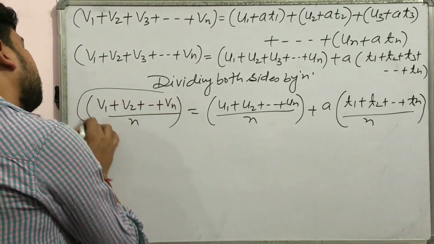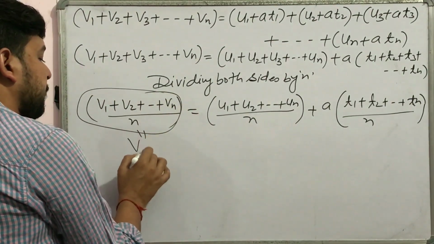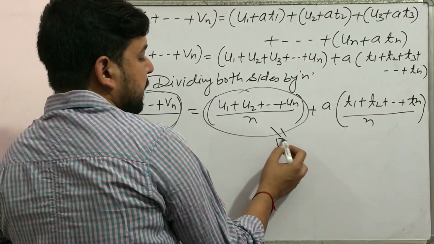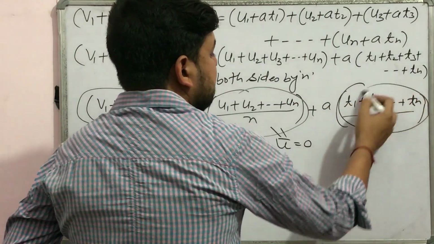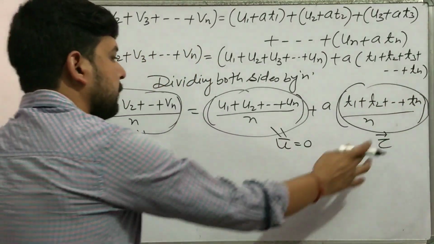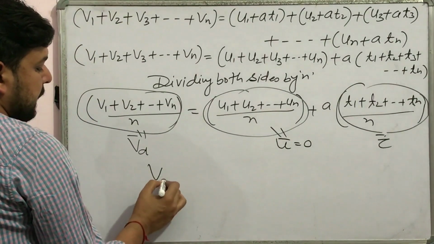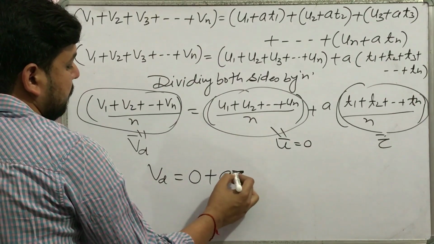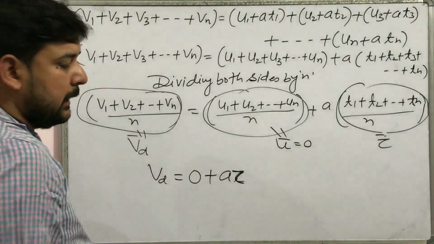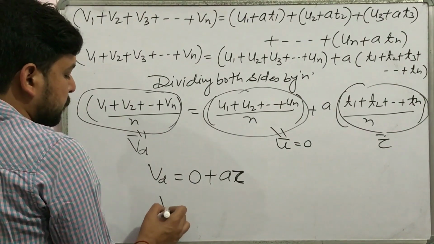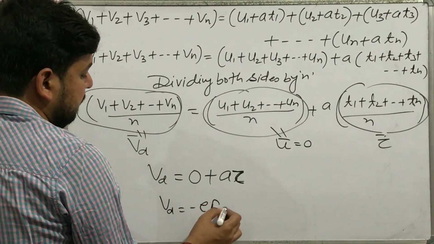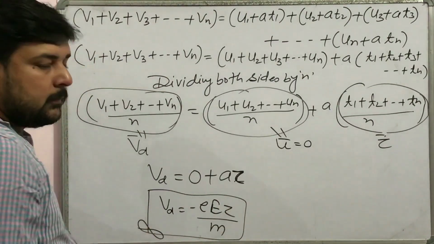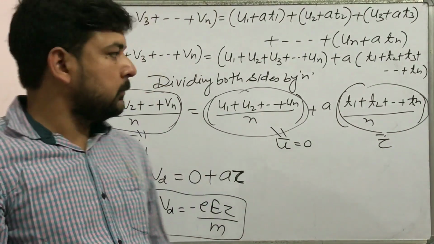And we know that this one is the average drift velocity, this is the average thermal velocity, which we have taken to be 0, and this is the average relaxation time. So here Vd is equal to 0 plus a tau. Now we put the value of acceleration here, that is minus eE upon m. So Vd comes to be minus eE tau over m. This is the expression for the drift velocity that we had to derive.